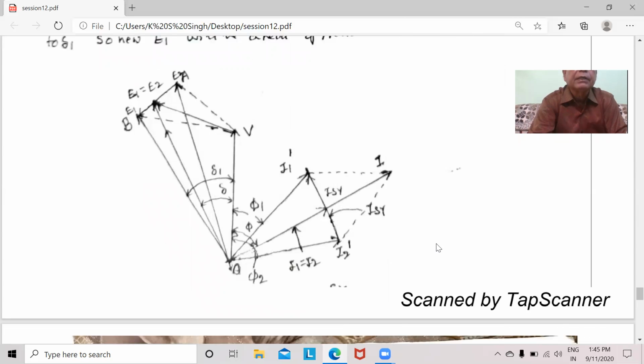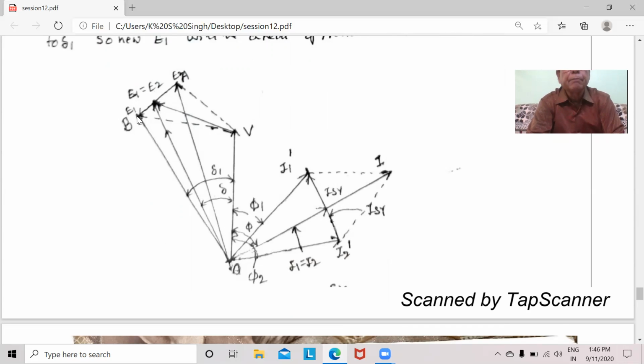Initially, when excitation and speed of the alternators are the same, E1 and E2 are equal and in the same direction. Now when the driving torque of machine 1 is increased, its speed will increase, while the magnitude of E1 remains.